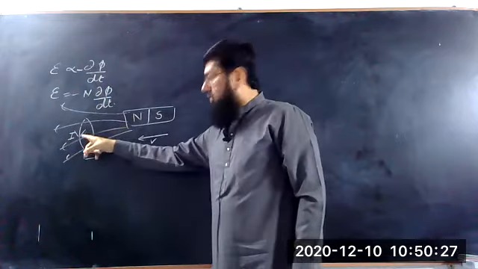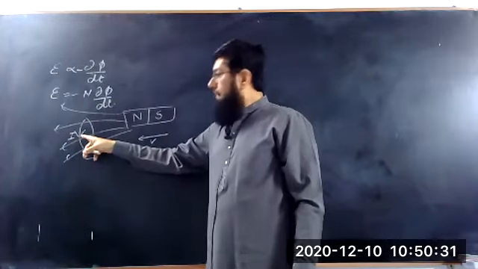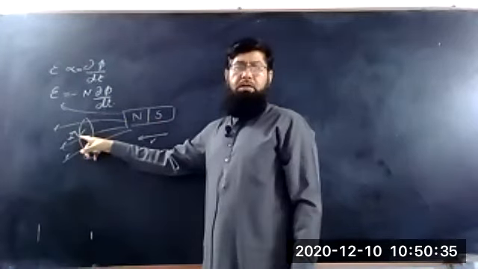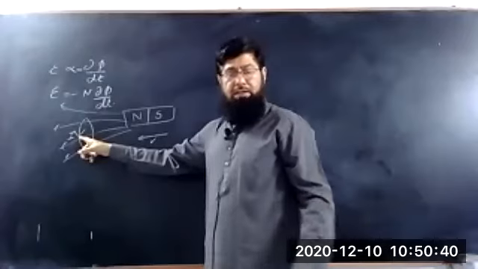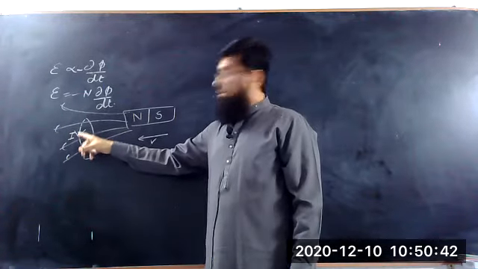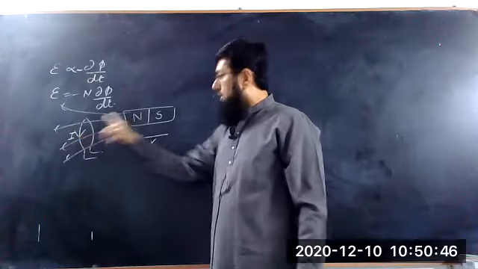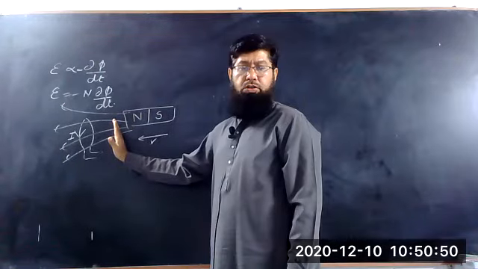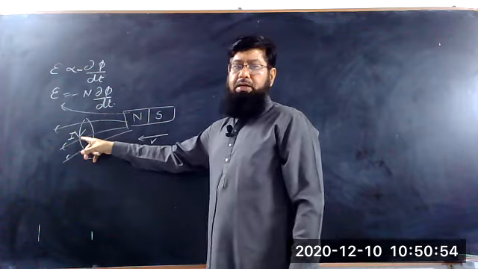Now this induced current, according to Ampere's law and the Biot-Savart law, will generate its own magnetic field, because whenever current flows in a wire or a coil, it generates a magnetic field. This induced magnetic field is different from the external magnetic field, different from the source.